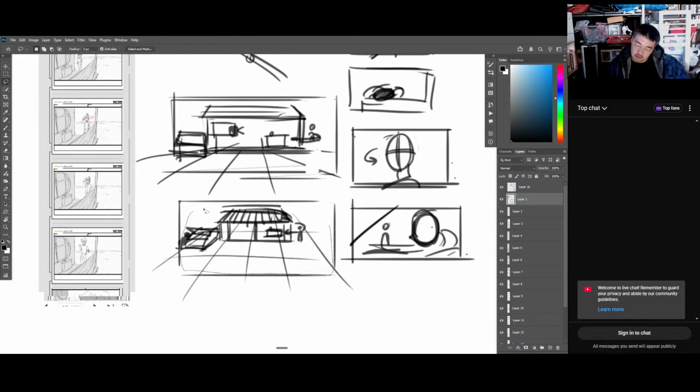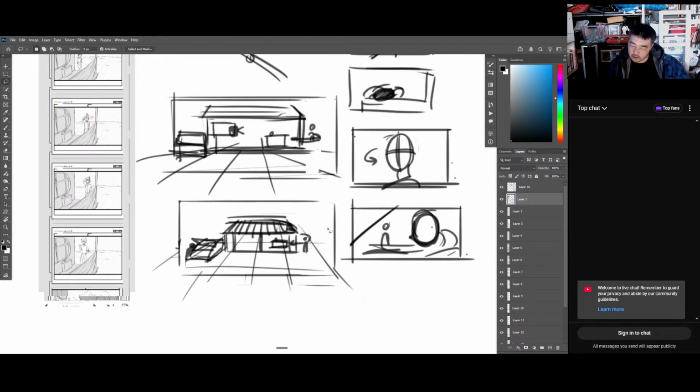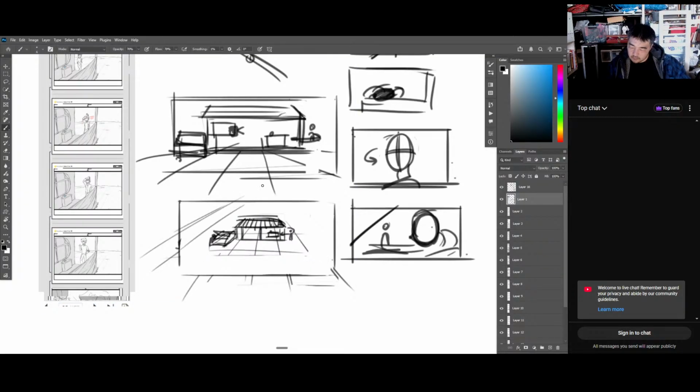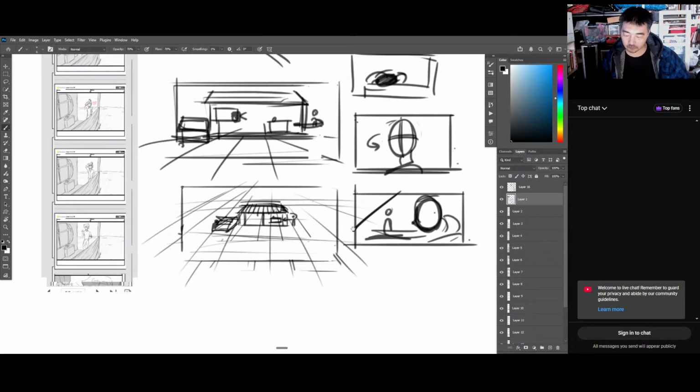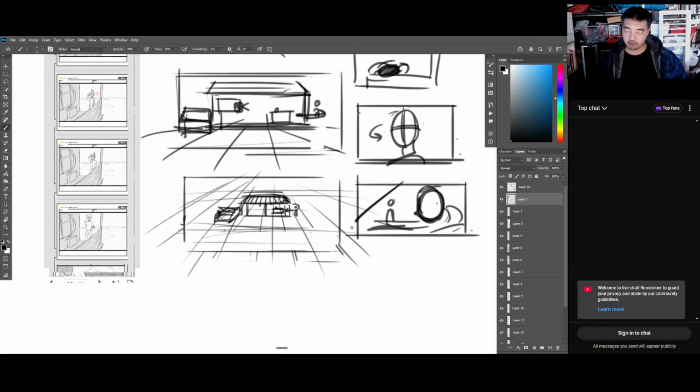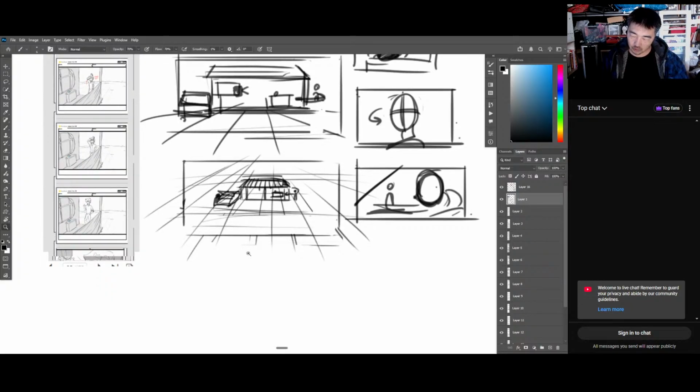But you could easily move this around like here, compose it however you need, or it could be like this. But again, how do we cover ourselves so we don't have to do so many setups? We know that there needs to be a camera on the guy, camera on the girl.